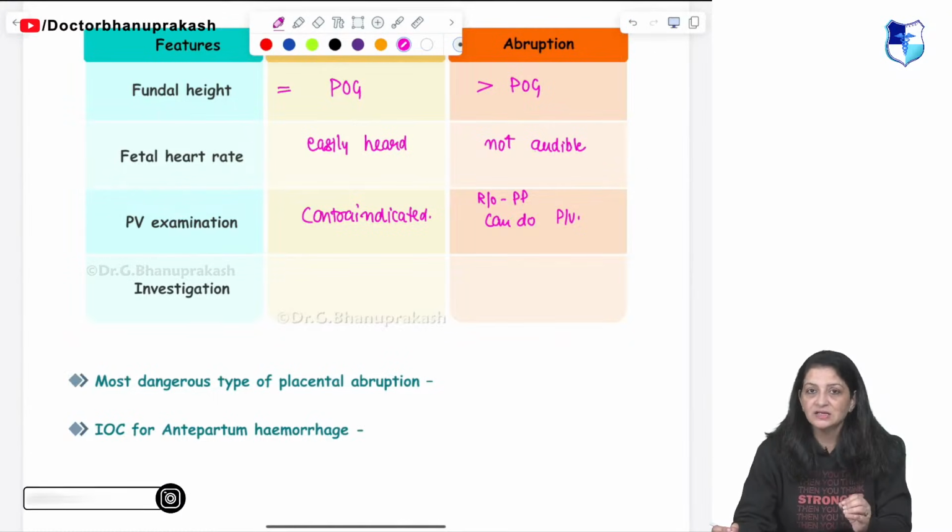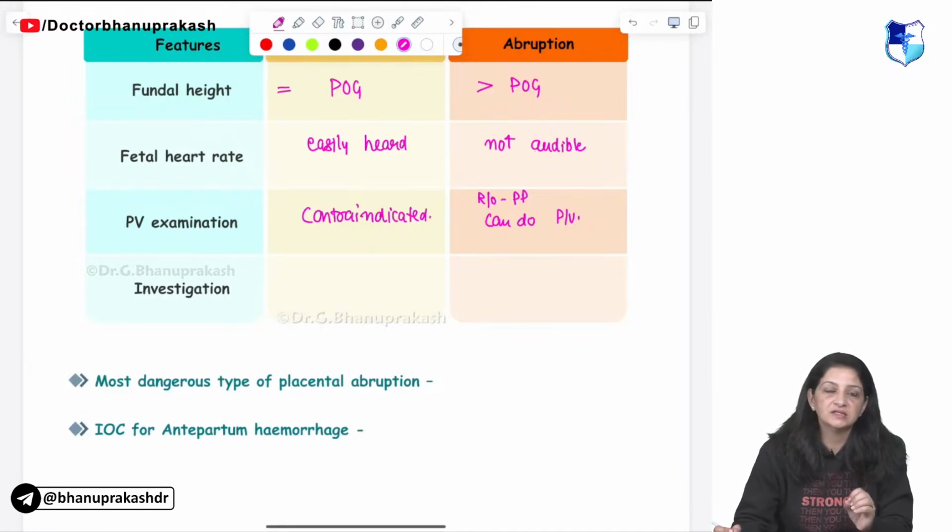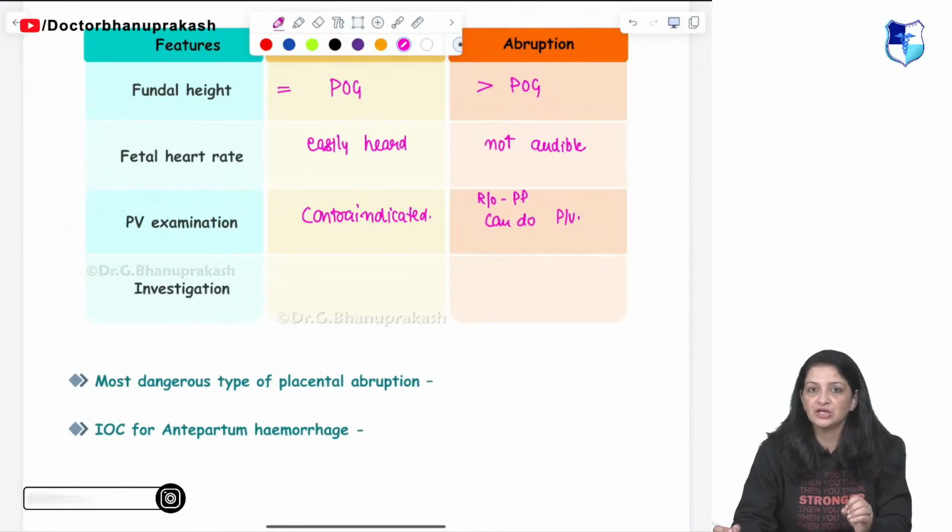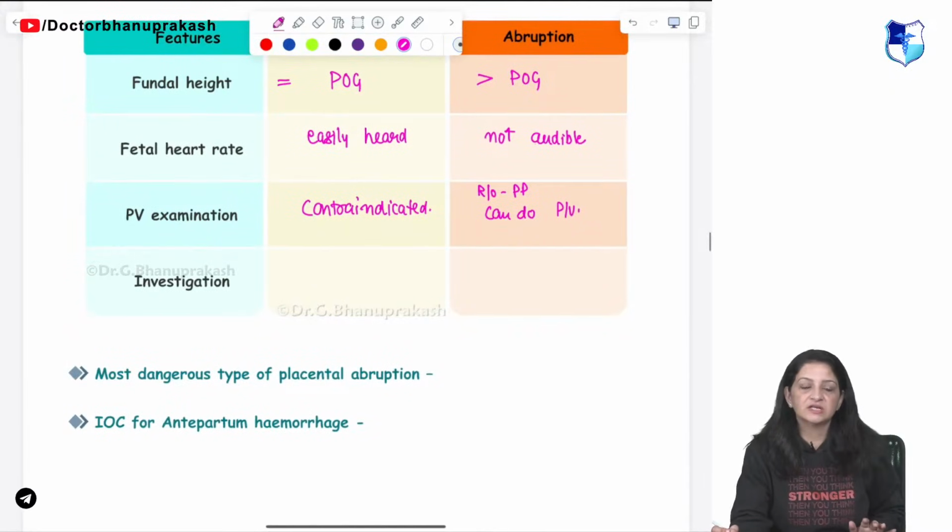This thromboplastin is responsible for initiation of labor, uterine contraction and DIC. The most common complication in case of concealed abruptio placenta is DIC, disseminated intravascular coagulopathy.